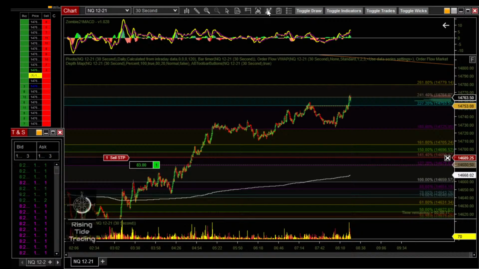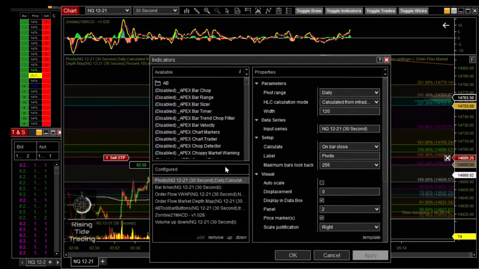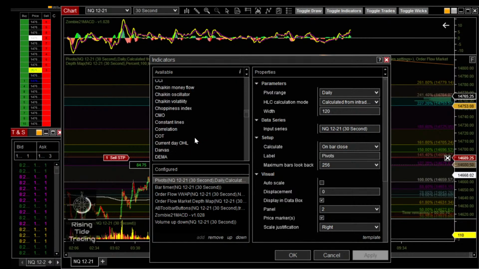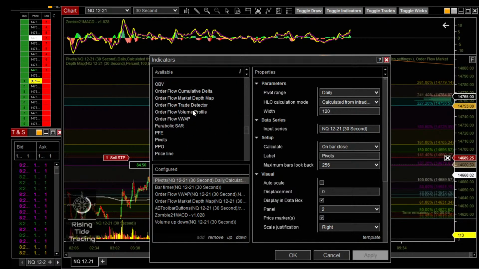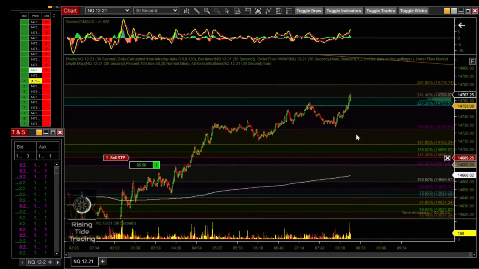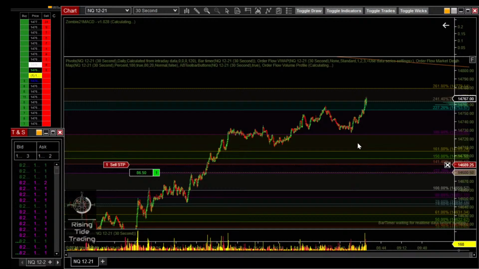Let me see here. I need to put in my order flow here. Man, what a beautiful little trade. I should wake up more often in the middle of the night.